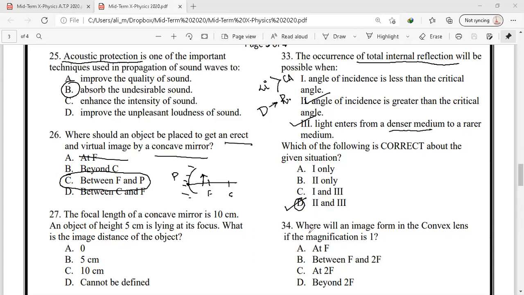Next, question number 34. Where will an image be formed by a convex lens such that the magnification is 1? Magnification equal to 1 means that the size of image and object are the same.